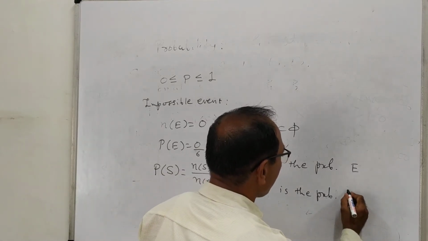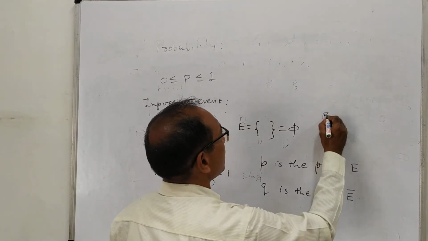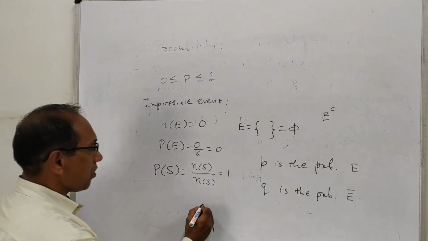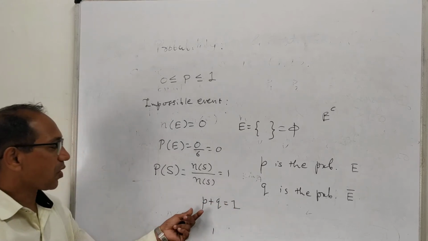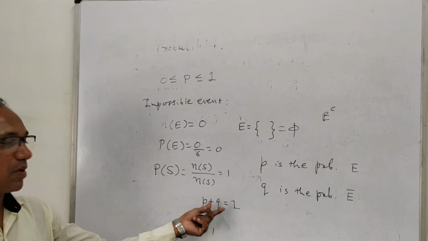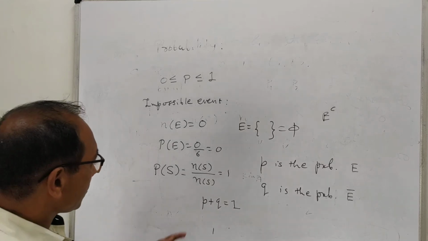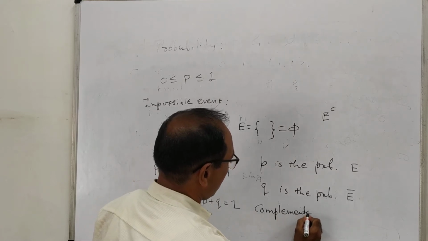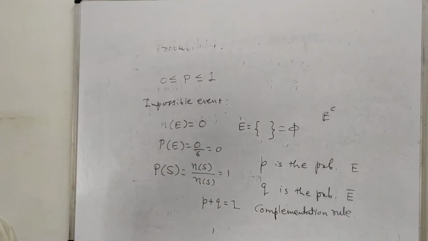That means here we will denote this by E bar. The E bar means complement of E. Sometimes we also denote this as E raised to C, complement of E. Then obviously P plus Q equal to 1. That means the probability of occurrence plus probability of non-occurrence is equal to 1. So this is sometimes also known as complementation rule. So here we are looking at the properties.